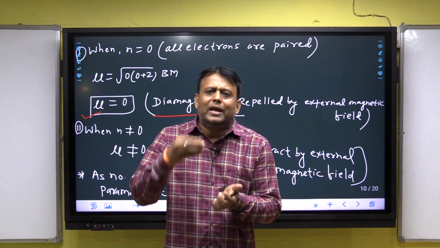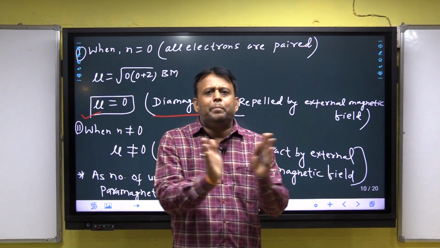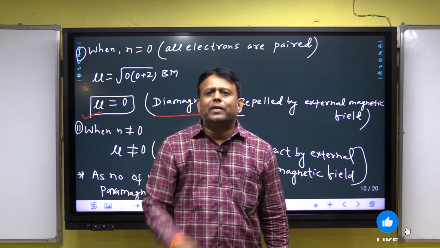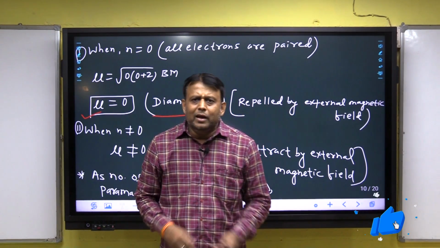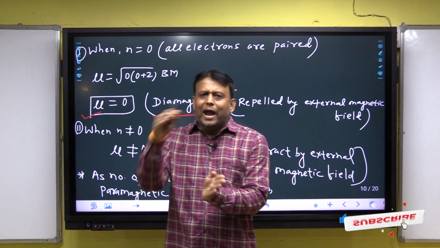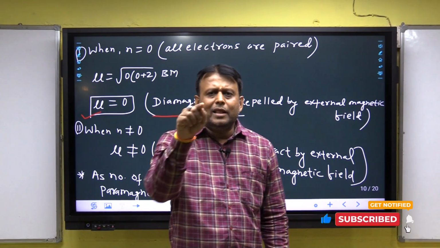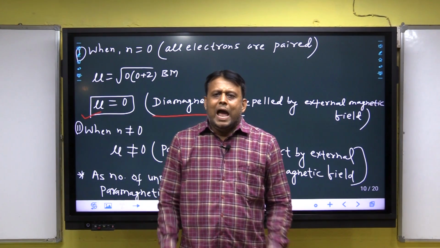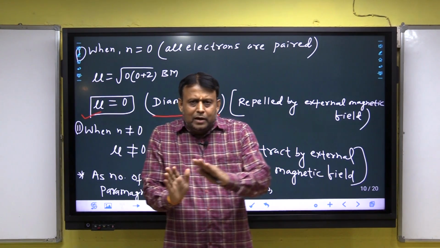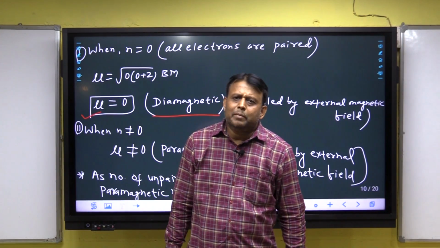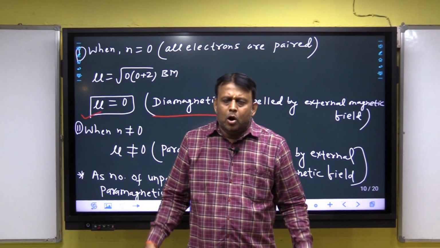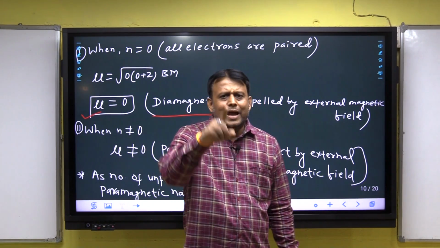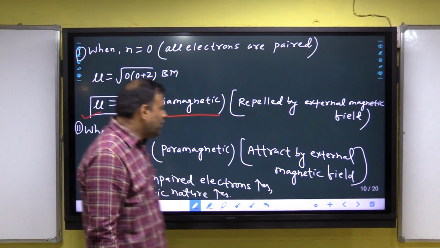Diamagnetic means the species which are repelled by an external magnetic field, because all electrons are paired. And paramagnetic means attracted by an external magnetic field.